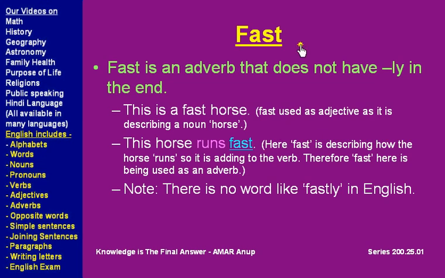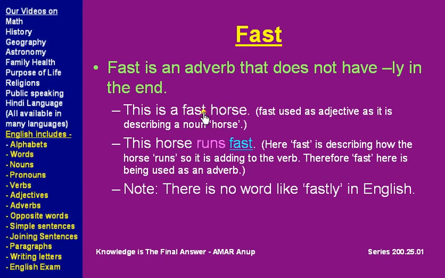Fast can be used as an adverb or an adjective, and I will show you how the use is different. When I say that this is a fast horse, horse is a noun and fast is describing the noun horse.